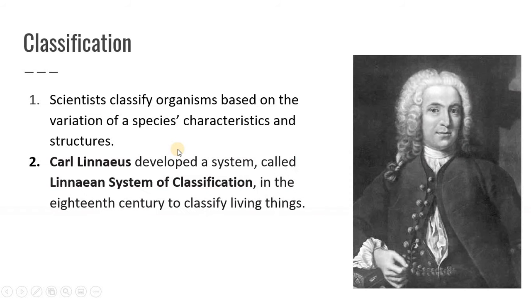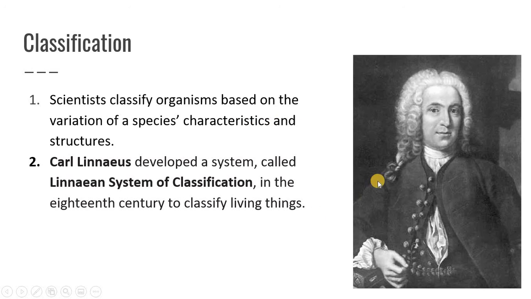All right. So here, scientists classify organisms based on the variation of a species' characteristics and structures. For example, we have animals and plants. Animals and plants are different. They have their own set of features, their own variation of characteristics and structures.